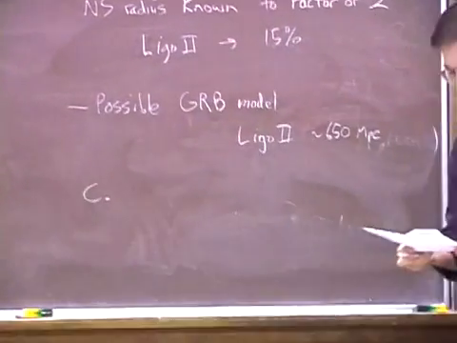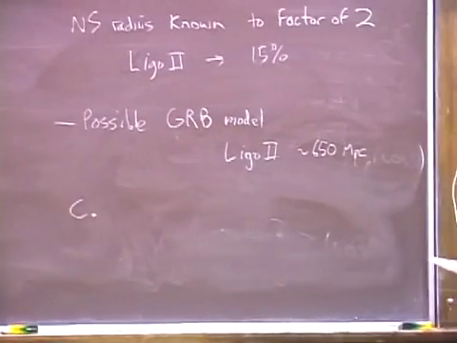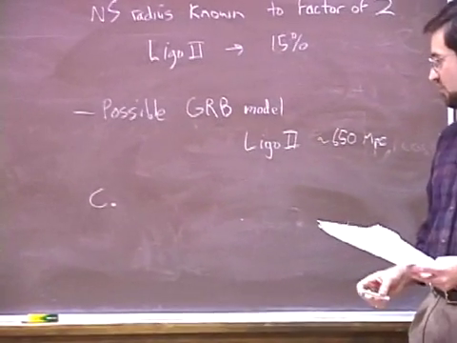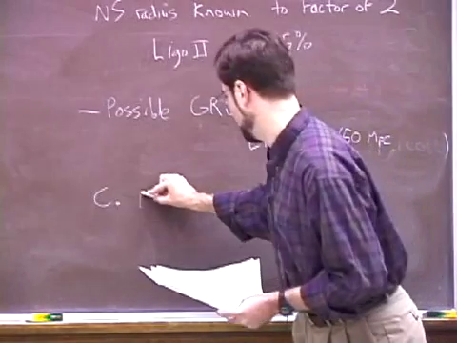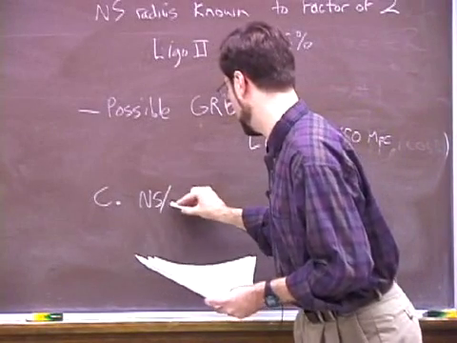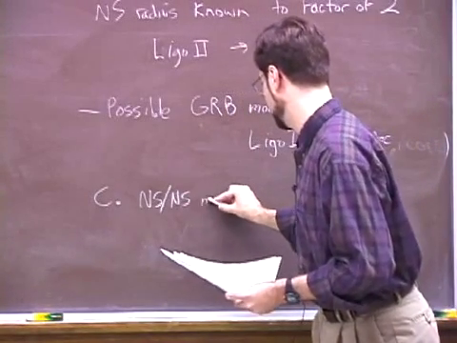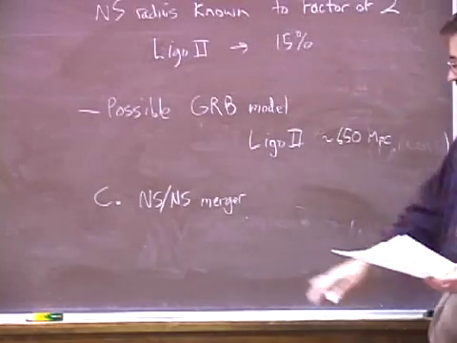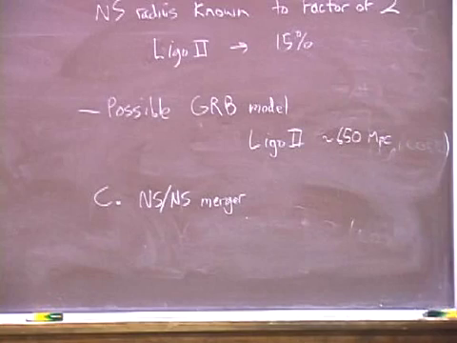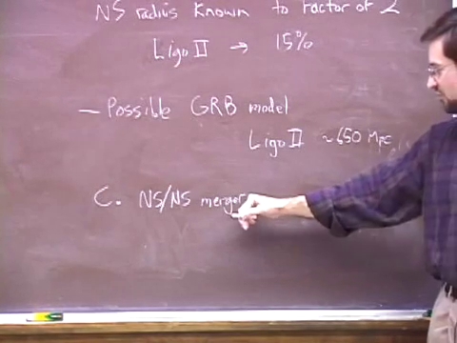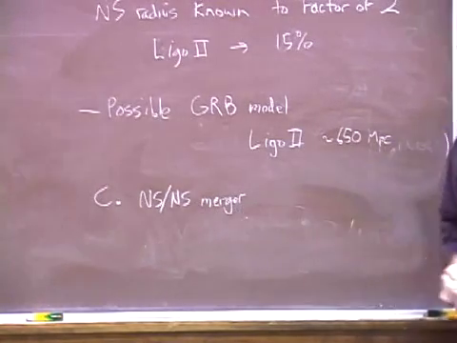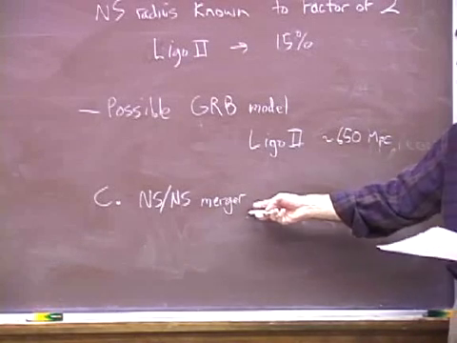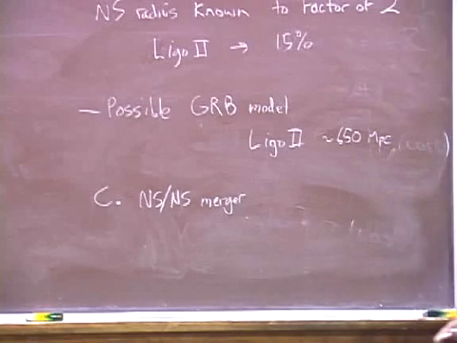There are also other sources that we might be interested in, and I'm just going to list a few of them. One of them we've probably talked about a lot already: neutron star merger. Now, the waves from the actual merger of a neutron star system are really too high a frequency for LIGO to see, but maybe some future instrument might be able to see this.